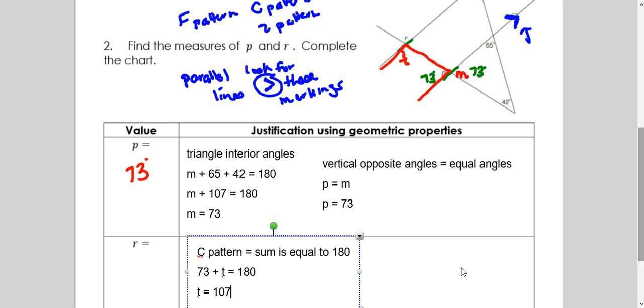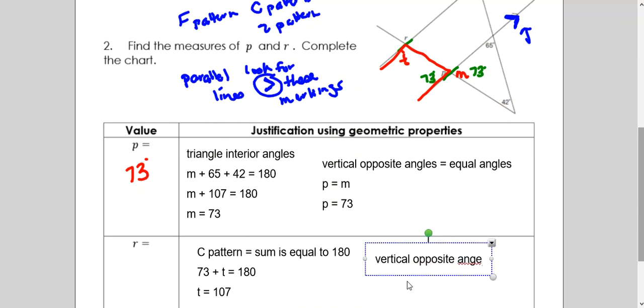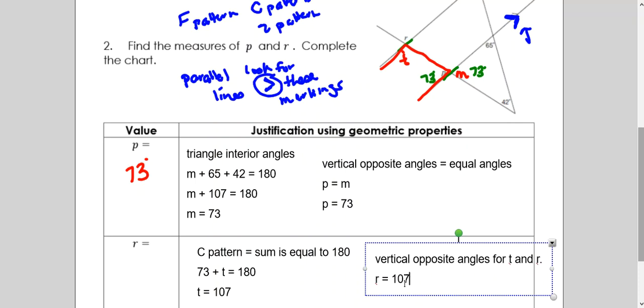And then from there, maybe I have vertical opposite angles for T and R. Therefore, I can say R is equal to 107 degrees.